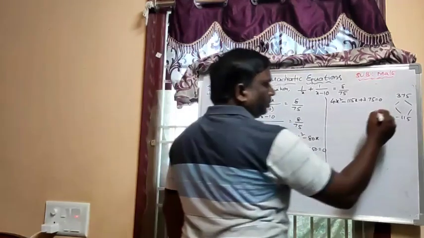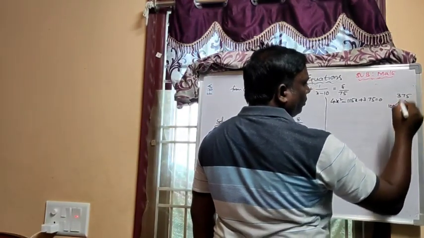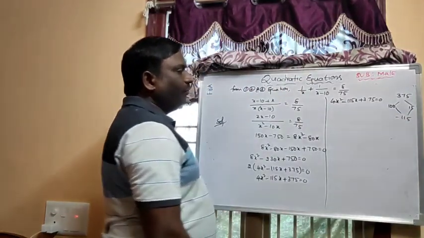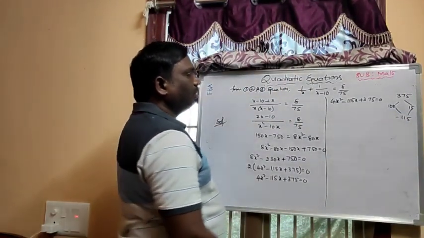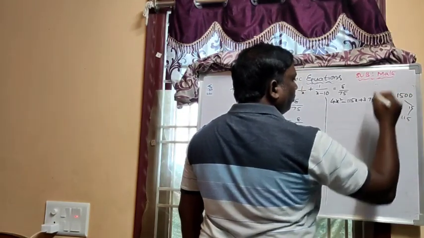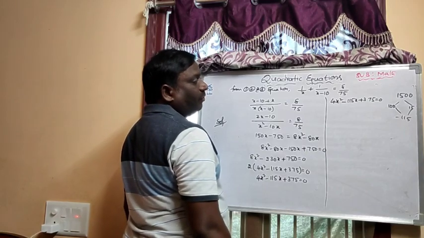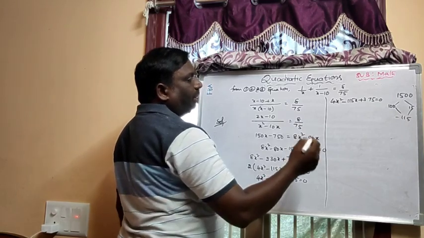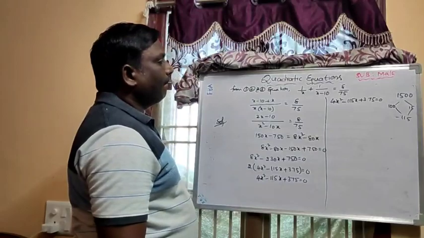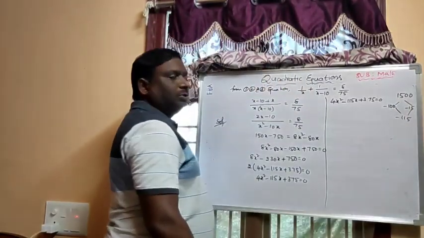Take 115, and 1500 with 375 into 4, that is plus 1500 and minus 115. To get minus 115, both should be negative.